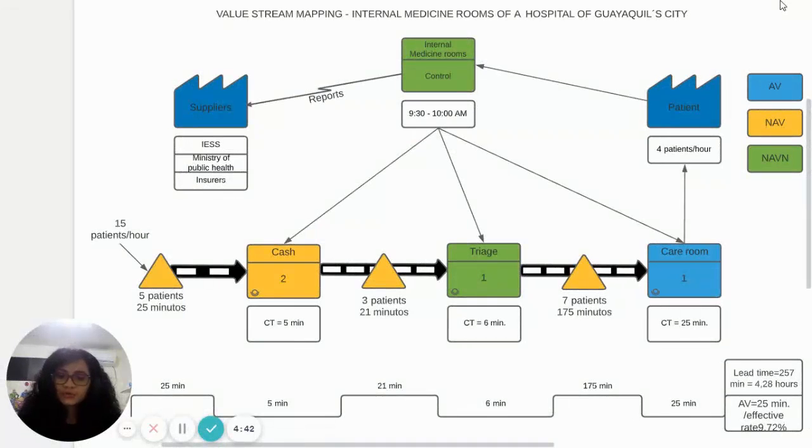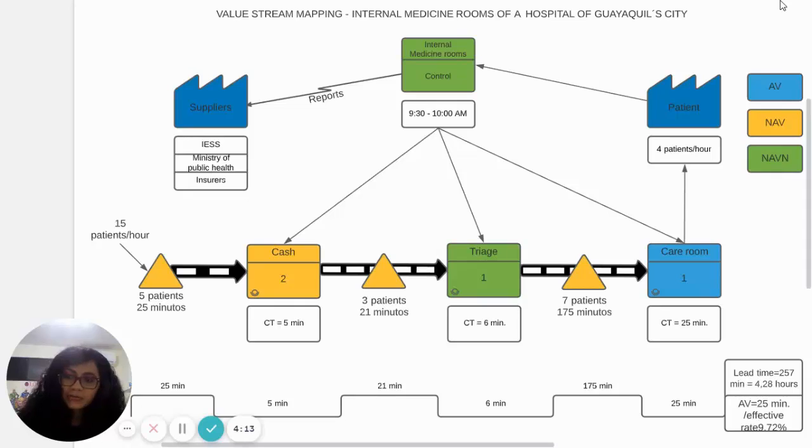I'm going to show you the value stream mapping of the internal medicine room of a hospital in Guayaquil City. We can see the suppliers, which are ES, the Ministry of Public Health, and insurers. Also, this map shows the current state from 9:30 a.m. to 10 a.m., where the highest demand exists.